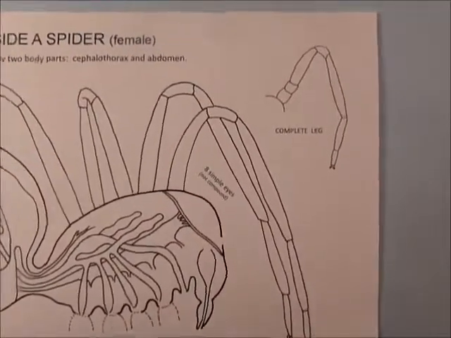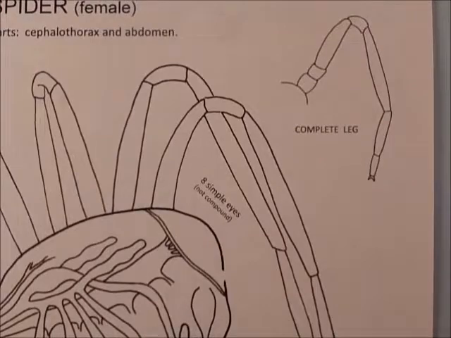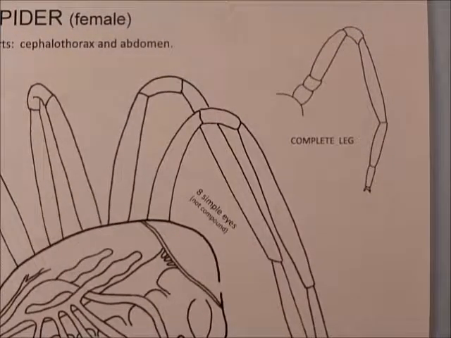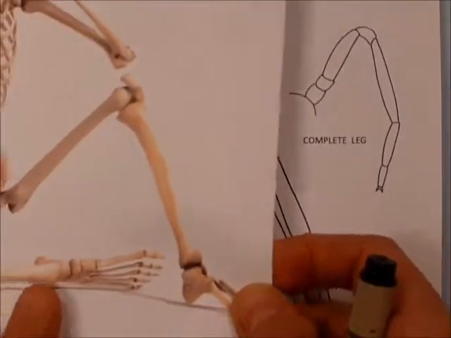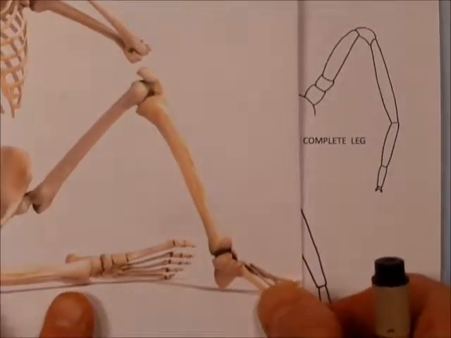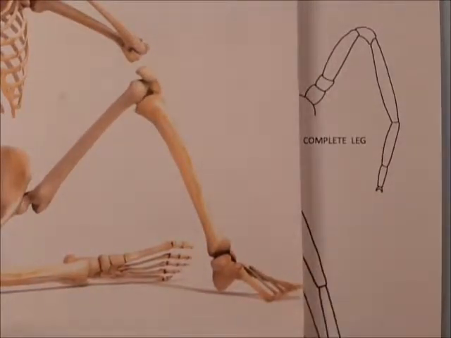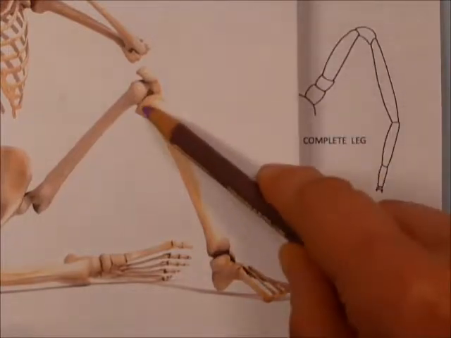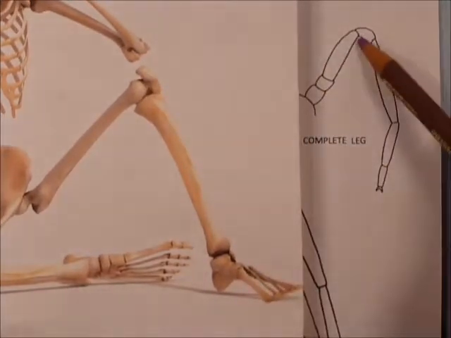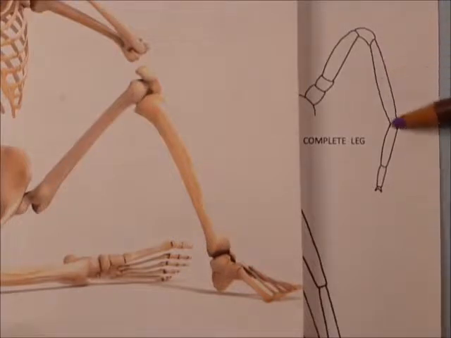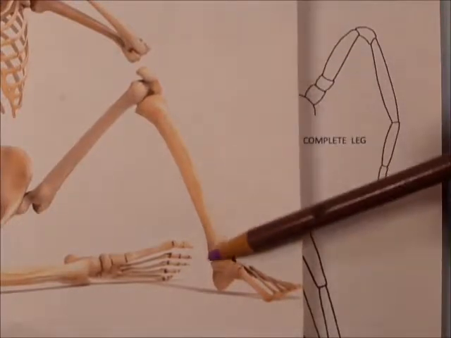And let's compare it to a human leg, because we're going to see a lot of words that are similar. So here we have a human leg. And let's see, what looks a little bit the same? Well, we kind of have a knee area up here, as if this were the kneecap right here. And we have this is kind of like this.